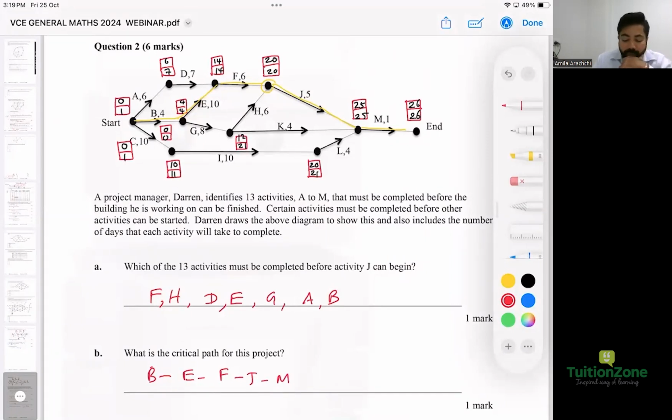A bit of thinking. So G is not critical, but it's the starting, good, an answer.